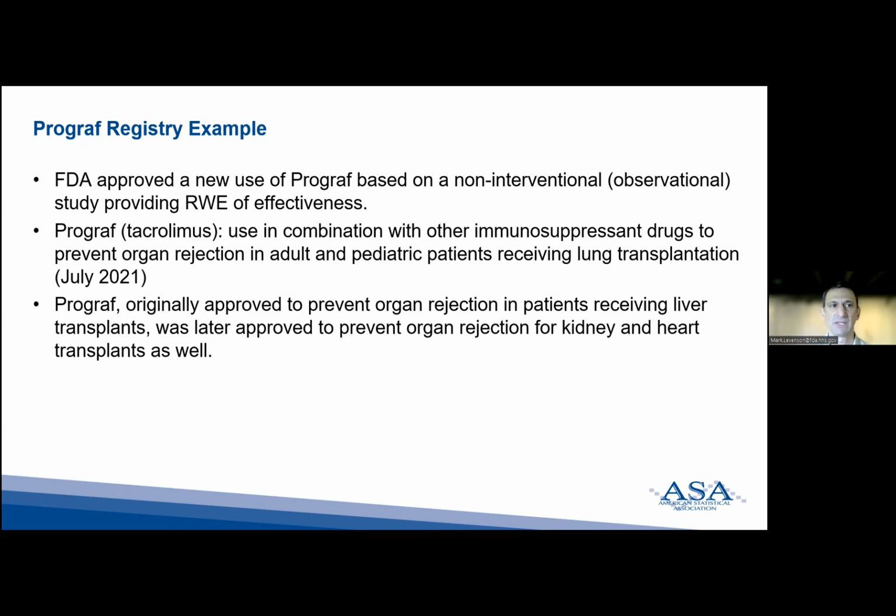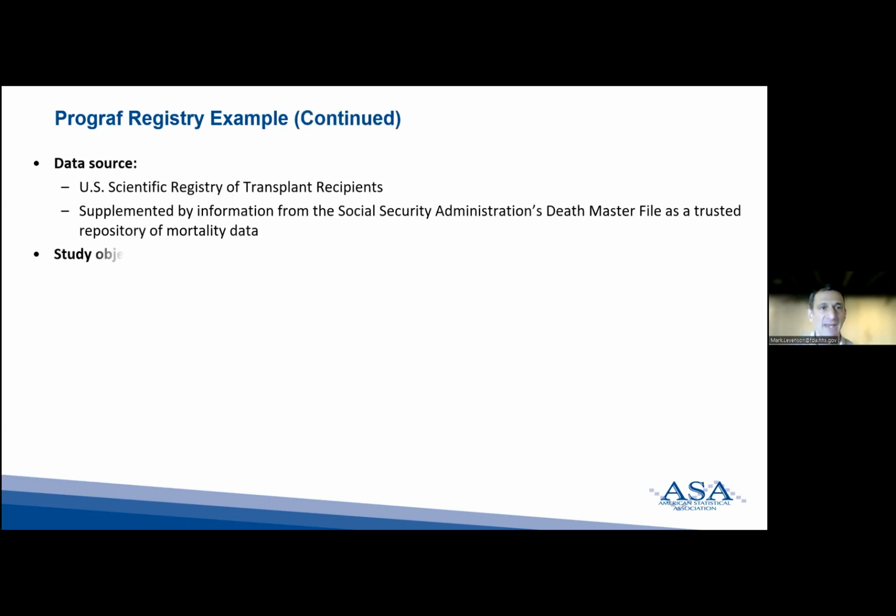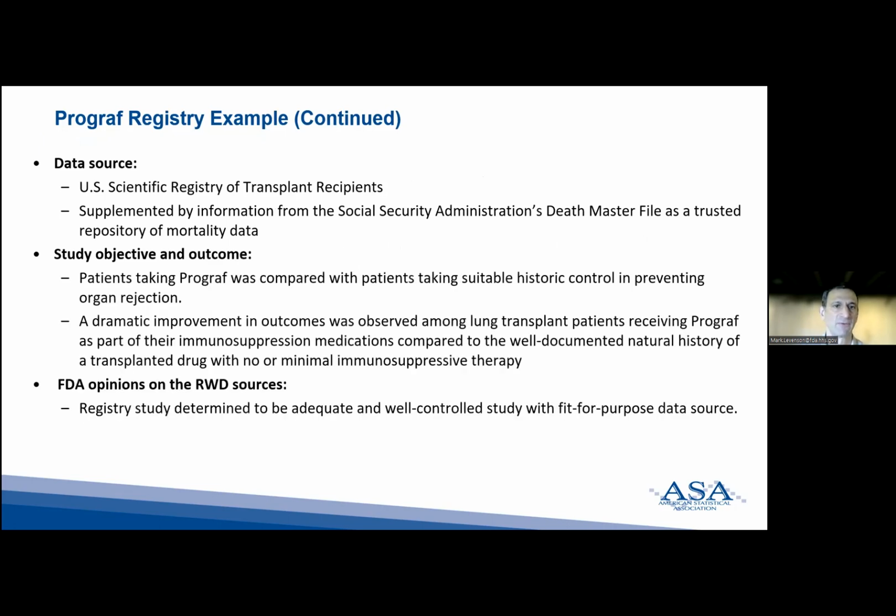It was actually used widely for lung transplantation off-label, which made it suited for this real-world evidence because there was data out there in the world on its use for this new indication. The data source is the US Scientific Registry of Transplant Recipients. This data source contains, or supposedly contains, all lung transplants that happen in the US.